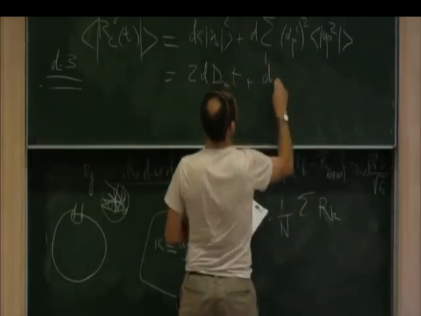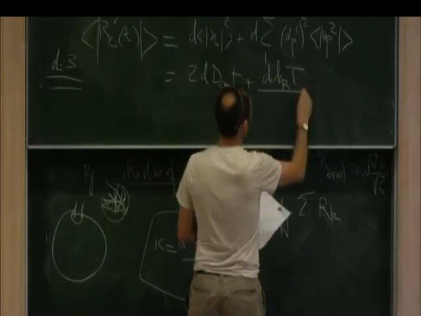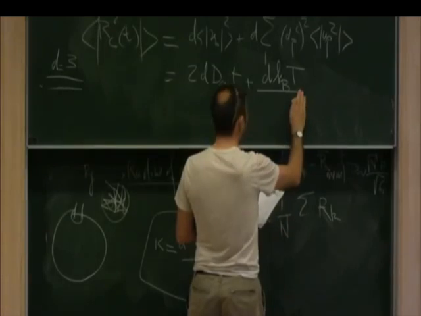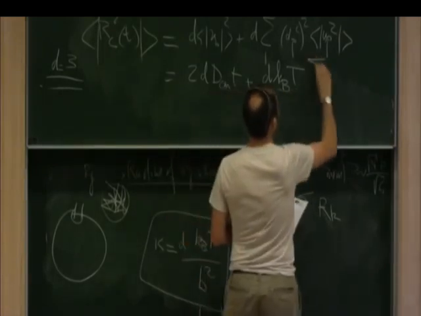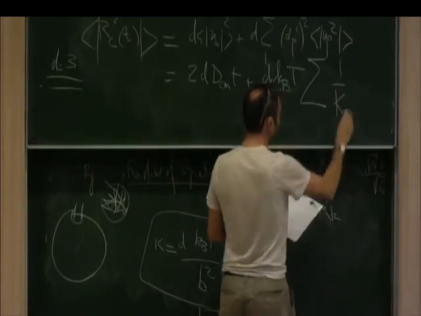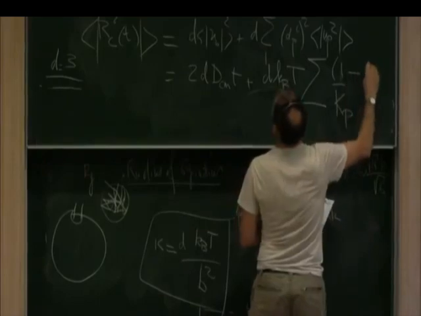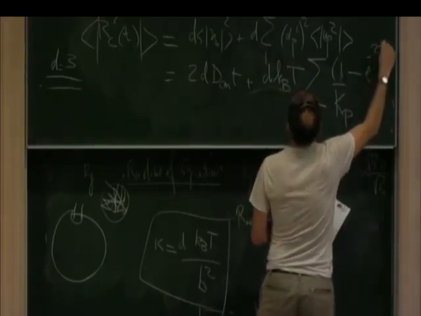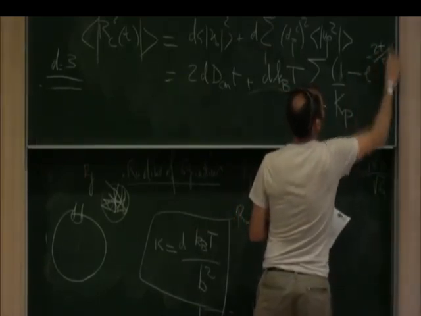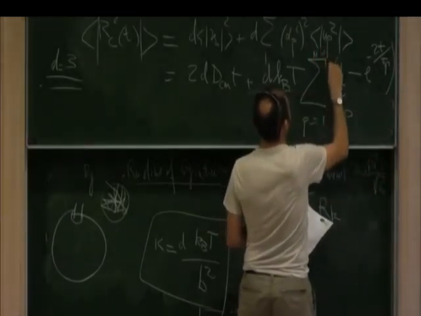Let's replace by k_B T, Boltzmann constant times temperature, divided by nothing, because the kappa p is going to be inside the sum: kappa p, and then 1 minus exponential of minus 2t divided by tau p, from p equals 1 to n minus 1.